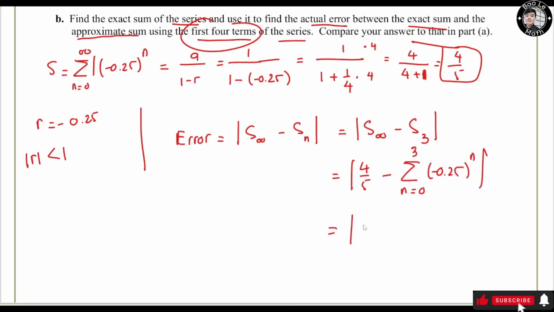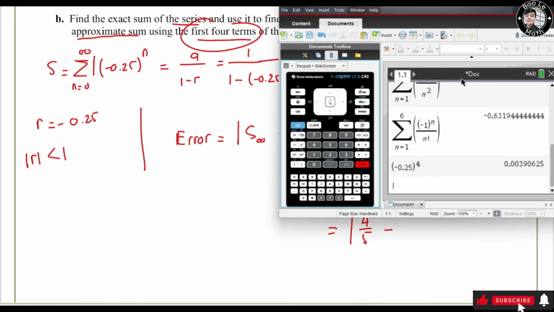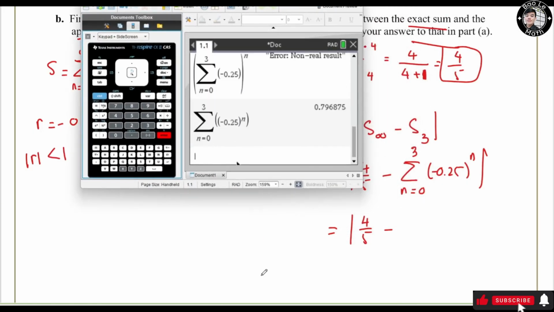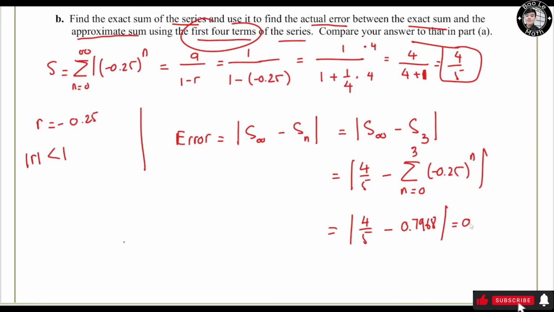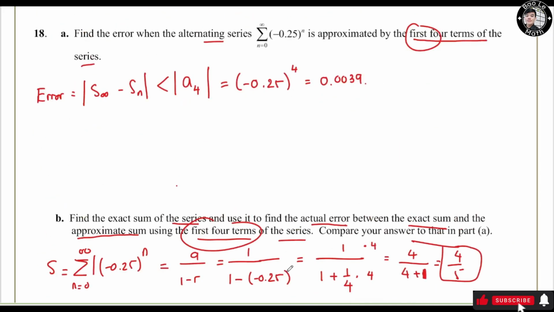So it's going to be the absolute value of 4 over 5 minus, we're going to pull up the calculator. It's going to be 0.7968, right? 0.003125, right?